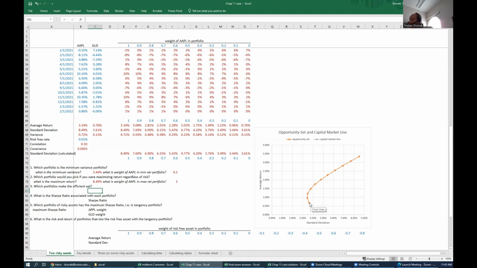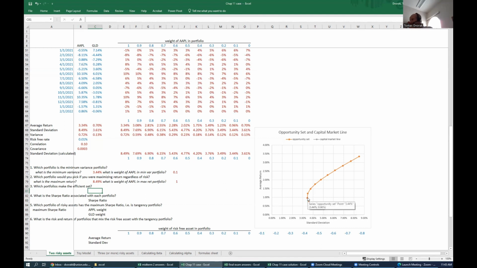However, if you examine this point down here, this low point down here, that is a portfolio that has a risk of maybe 3.5. Can I get a higher return with the same amount of risk? Yes, I can. I can go up here. I can pick a portfolio right here, this one. This one has the same amount of risk, but higher return. So clearly, this portfolio here is not efficient.